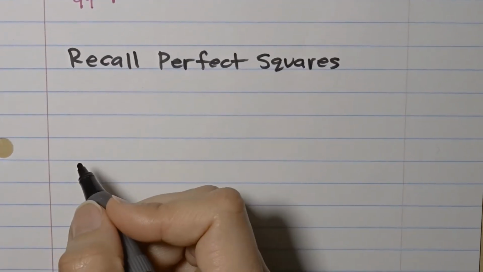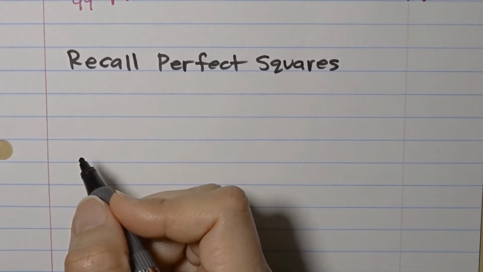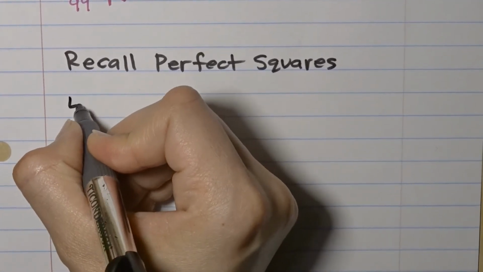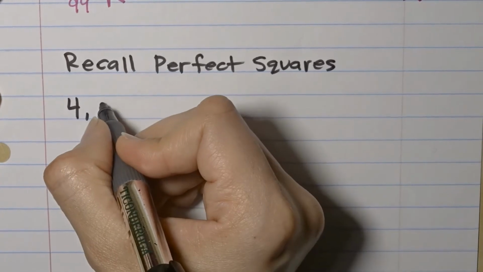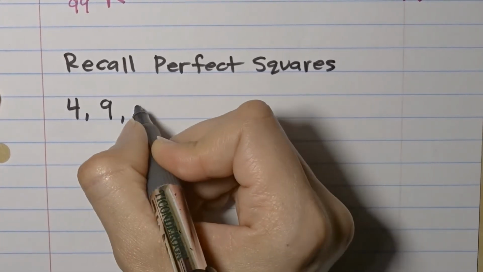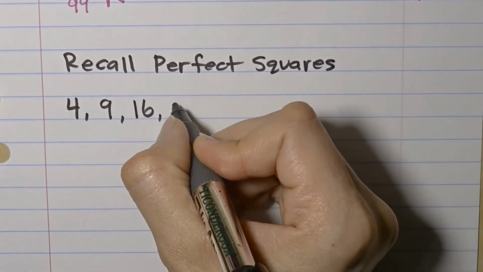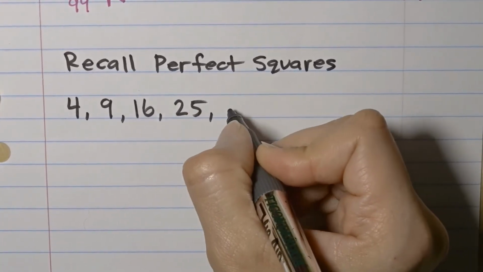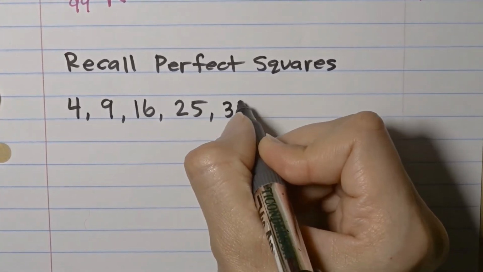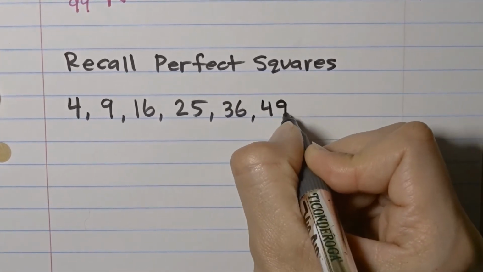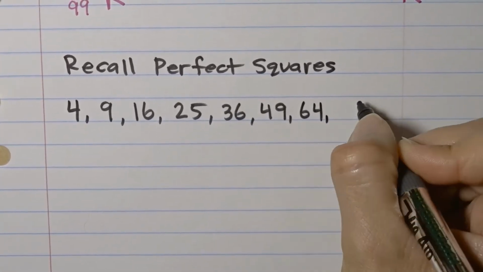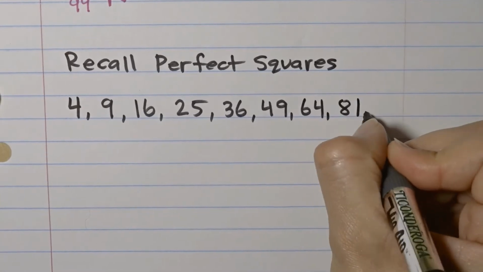And if you don't have them, it's good to have a list handy when you're doing these problems. The perfect squares are 4. I can make a square by, it's 3 by 3. 4 by 4 would be 16 squares. 5 by 5 would be 25 squares. A 6 by 6 would be 36 squares. And 49, 64, 81, and 100.